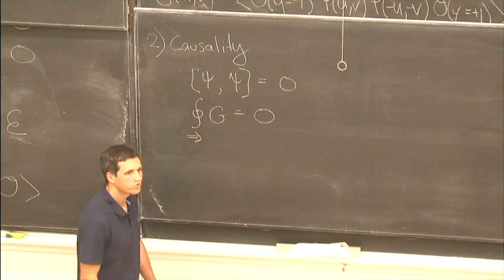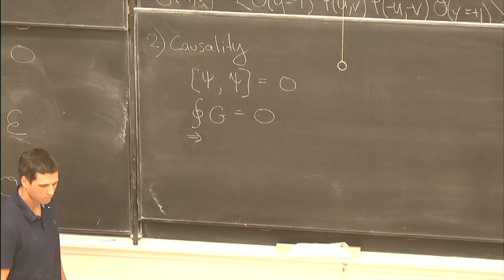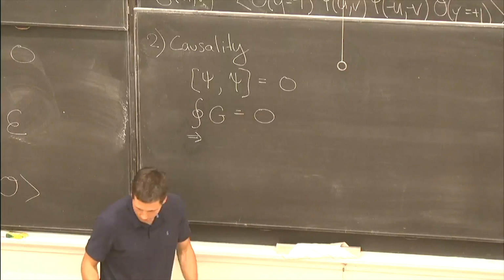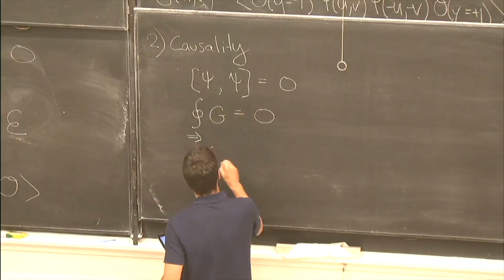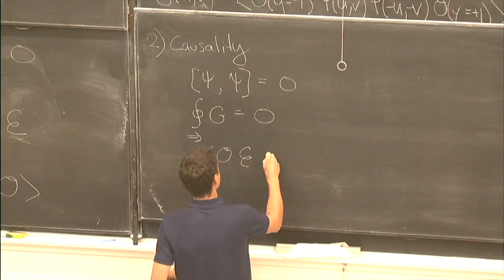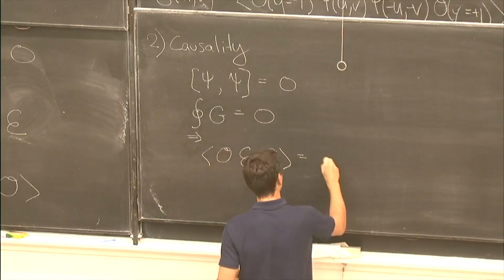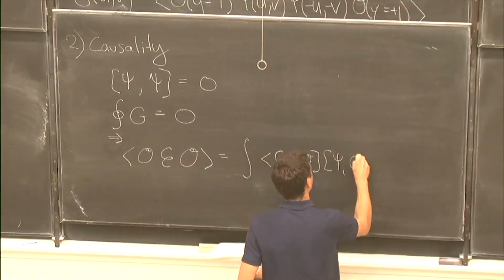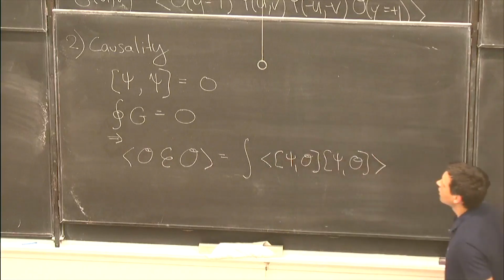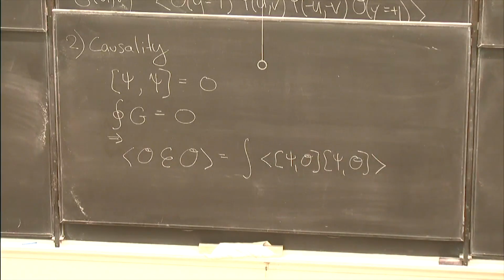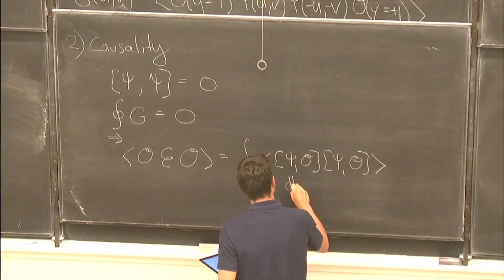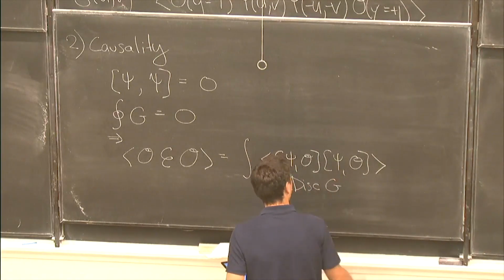What we're going to do is choose a contour such that this integral, g equals 0, becomes the statement O, E, O is equal to an integral of the double discontinuity, the double commutator that David talked about an hour ago. So this is the d disk of G.